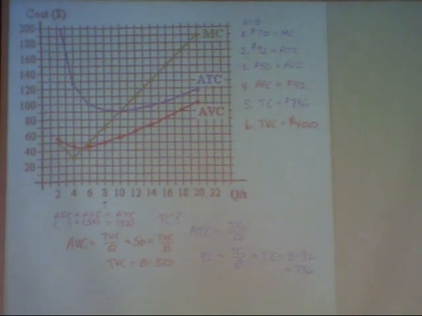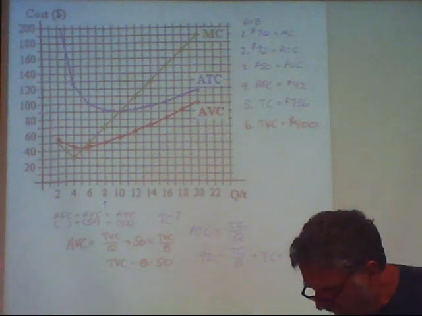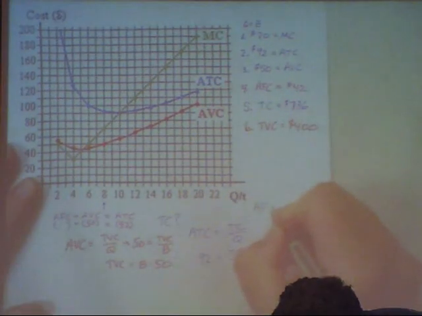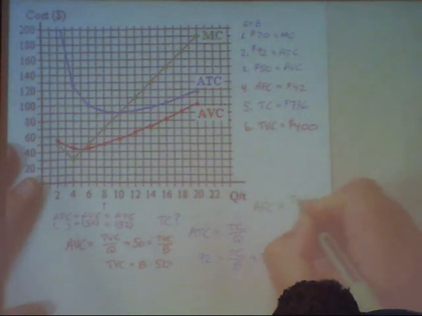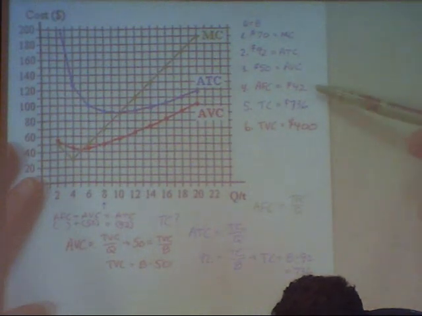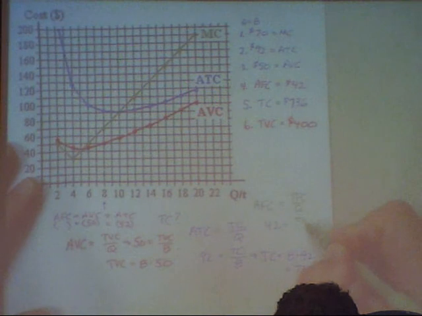Next, what's the fixed cost of making 8 widgets? Same principle. We know that the average fixed cost is the total fixed cost divided by the quantity, and the average fixed cost is 42. So that has to equal whatever fixed costs are divided by 8.